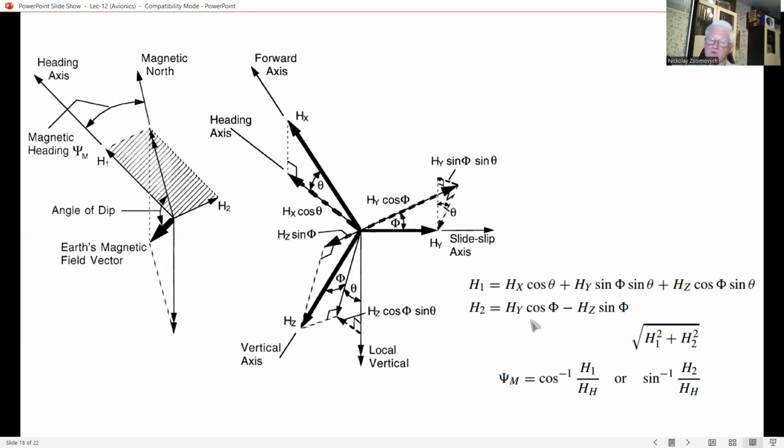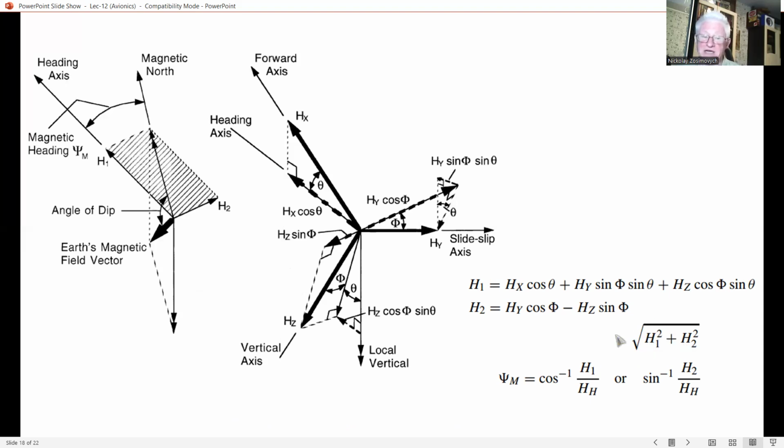The horizontal component of the Earth's magnetic field, H sub H here, is therefore equal to the square root of H1 squared plus H2 squared, the two components along the heading axis and at right angles to it.